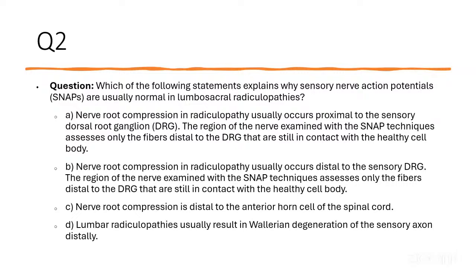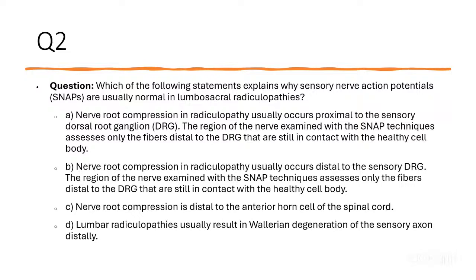Which of the following statements explains why SNAPs are usually normal in lumbosacral radiculopathies? Nerve root compression in a radiculopathy usually occurs proximal to the sensory dorsal root ganglion, DRG.